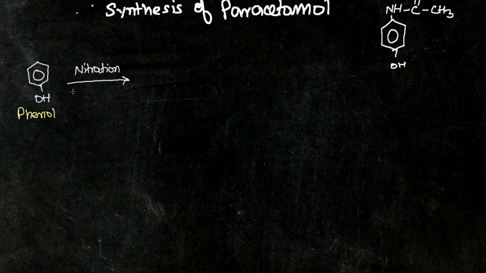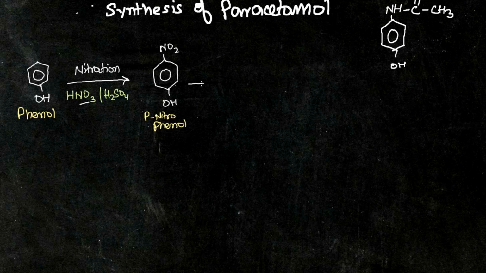It includes a starting material from phenol, like we have a benzene ring with OH. In the presence of HNO3/H2SO4, it undergoes a nitration reaction, and the derivative formed in this reaction is known as para-nitrophenol. So NO2 is attached to the phenol ring. Okay.